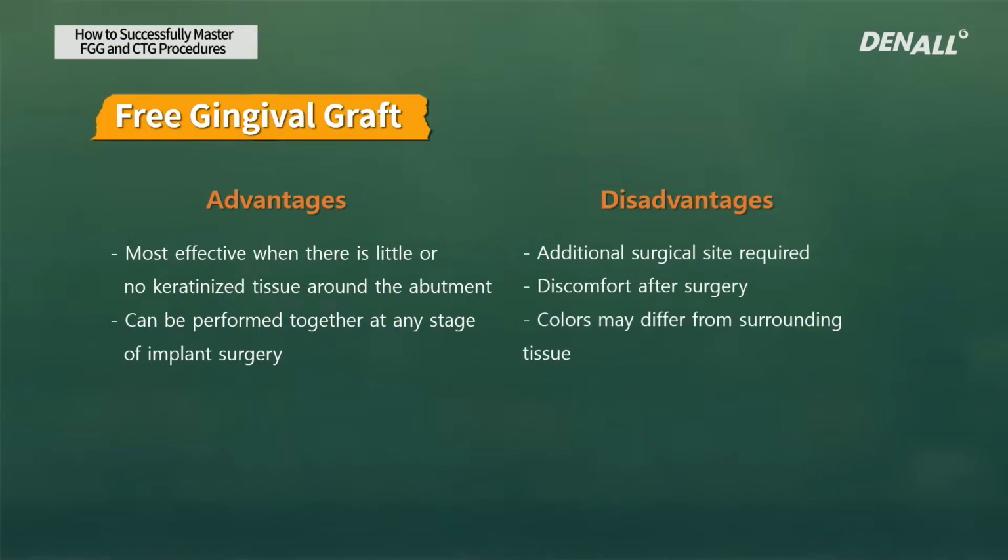Disadvantages: an additional surgical site is required, the donor site and the surgical site of the implant, and discomfort after surgery. Aesthetically, the color of gingiva may differ from surrounding tissue. So these are the disadvantages.